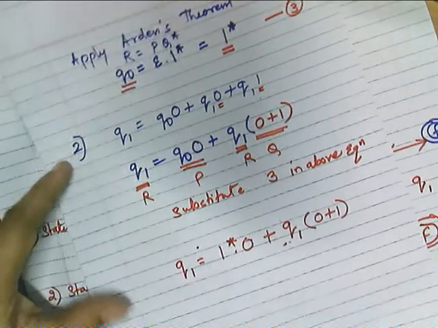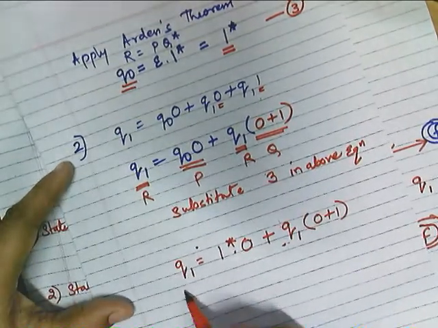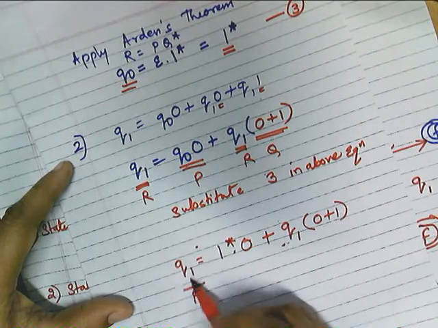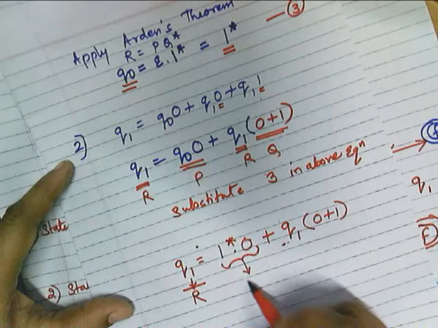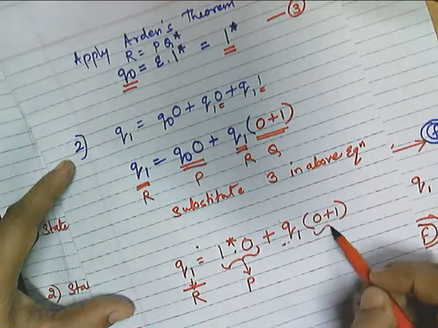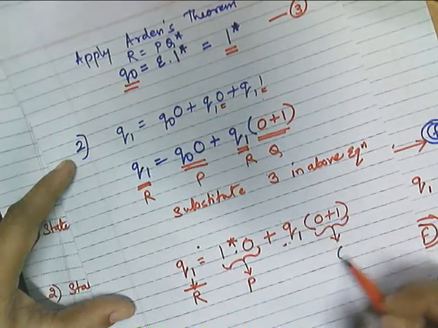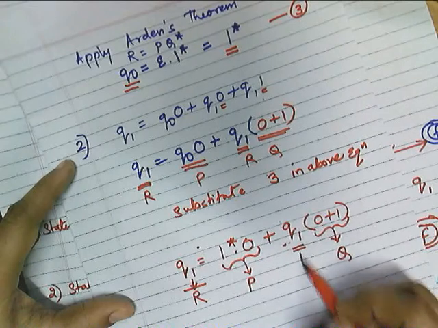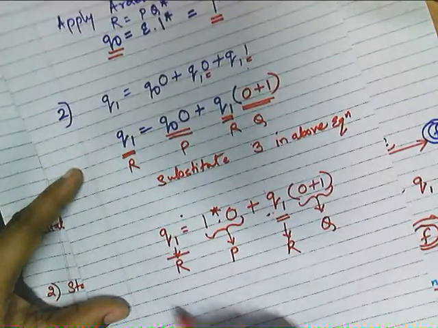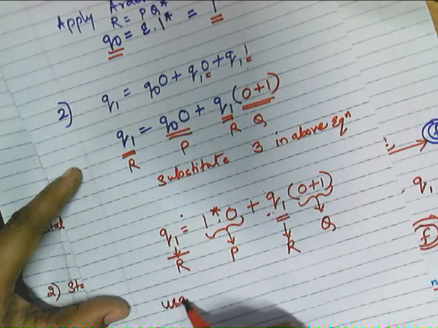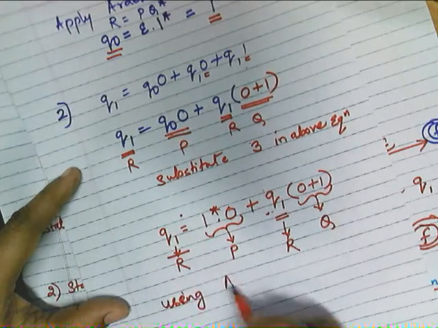Now see, is it again in that form? See, it is R. Now this whole thing is known and is P. Again this is known, that is here Q. R is unknown. So now we can easily find this R using Arden's theorem.